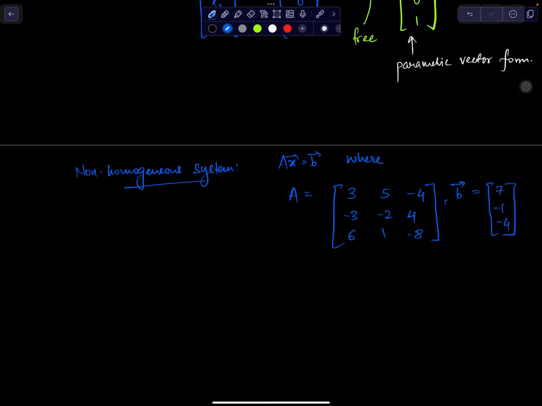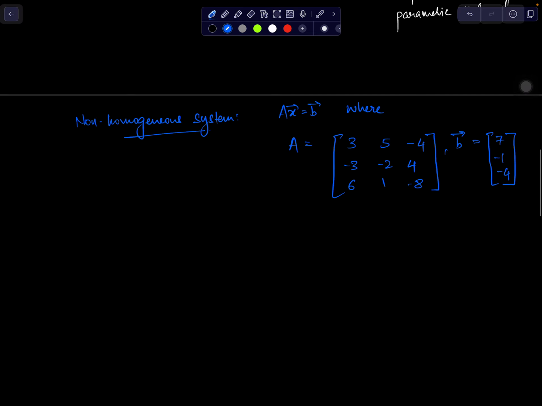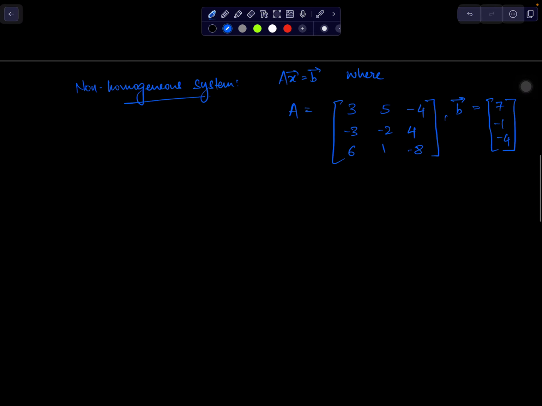So now, if you paused the video before and went through figuring out the REF version of the augmented matrix, then you can go to that step and also figure out the RREF, right? Because remember, we want to figure out what the solution is here.